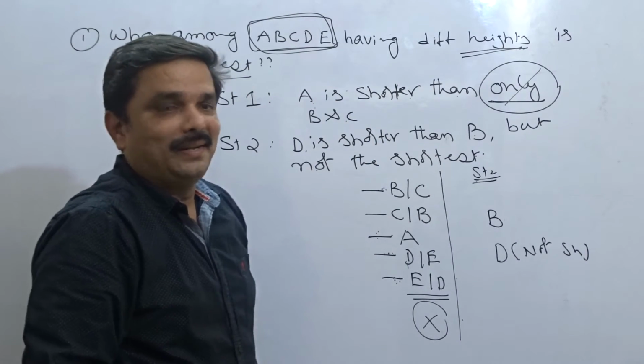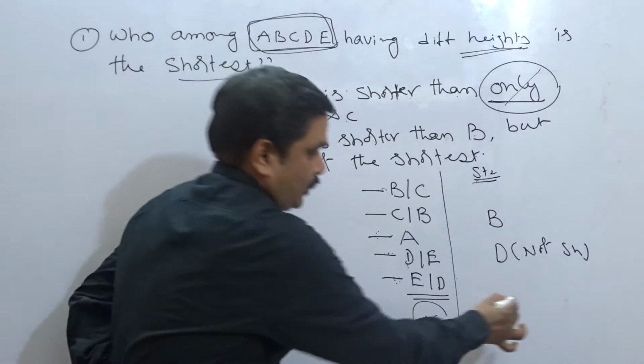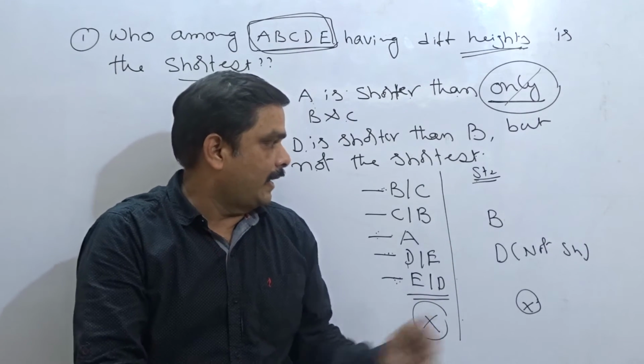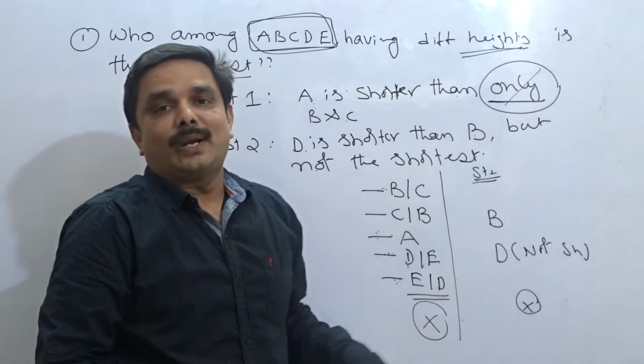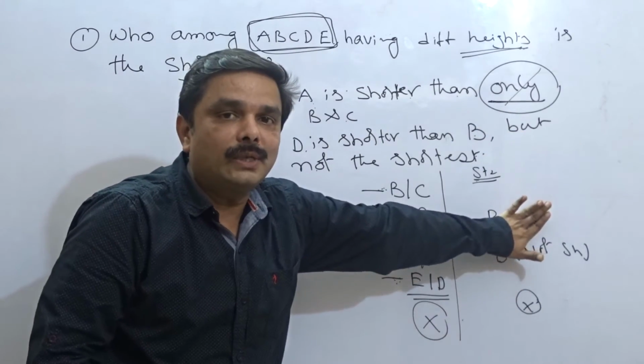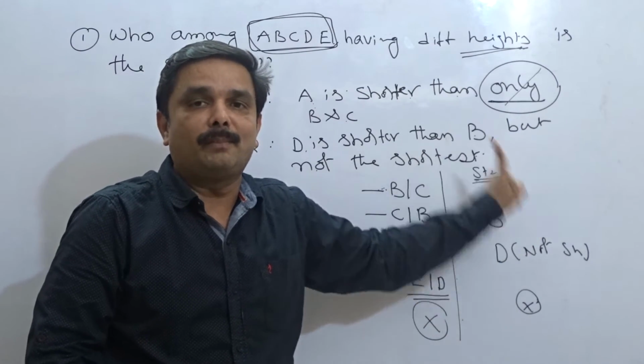This is the given one. Now with this alone I am not able to answer the question because the information about A, C and E is missing in this one, either directly or indirectly. So I am not able to say who is the shortest only with statement number 2.